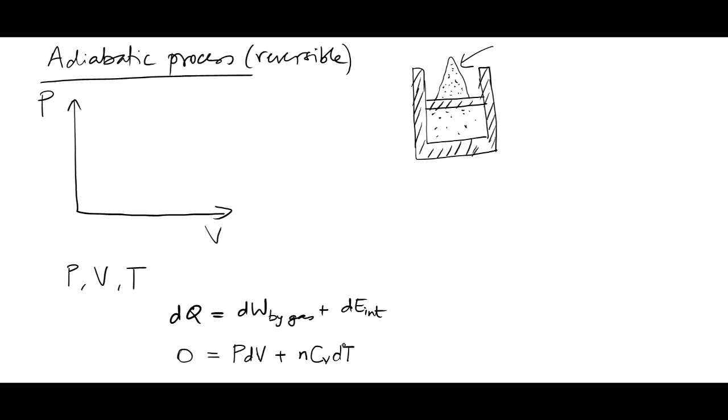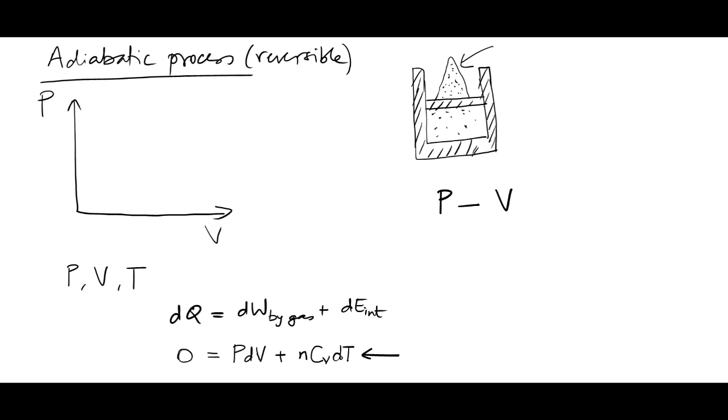Now, our objective in this initial procedure is to establish a pressure versus volume relationship for an adiabatic process. In other words, we are going to get a differential equation from this involving only the variables pressure and volume, and so we want to get rid of the dT, the temperature term. Don't lose sight of the logic of the proof, and then the proof becomes relatively easy, otherwise it's quite difficult to follow.